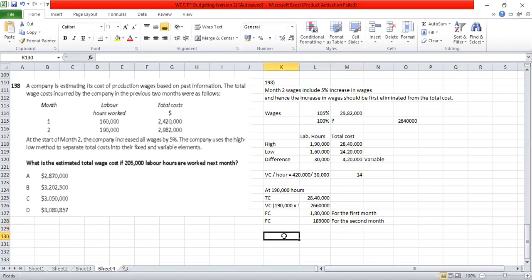Now we are asked to estimate the total wage cost at 205,000 labor hours.